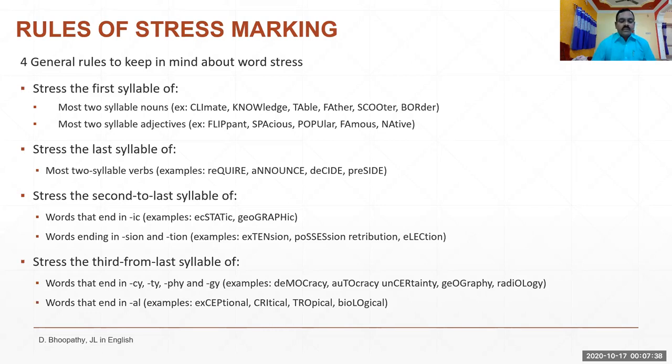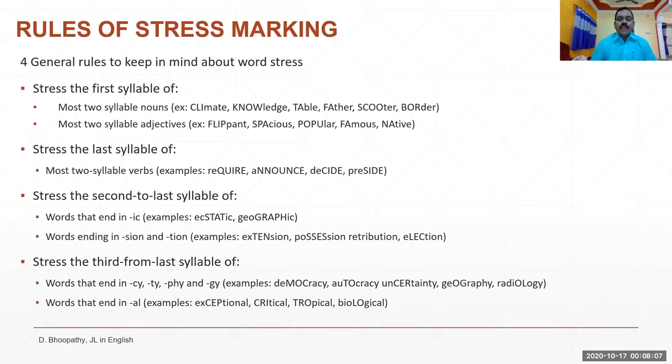Geography, democracy. Let us see. De-mo-cra-cy. From the last, cra is the third one. The third syllable from the last is the stressed syllable in a word ending with CY or TY or PHY or GY.